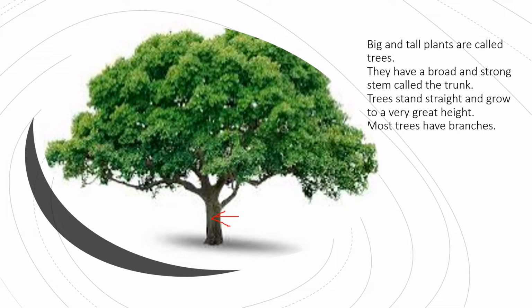So it is broad and strong. Okay, so this part of the tree is called its trunk. Trees stand straight and grow to a very great height. I just mentioned some time back, they are really very, very tall. So they grow to a great height.